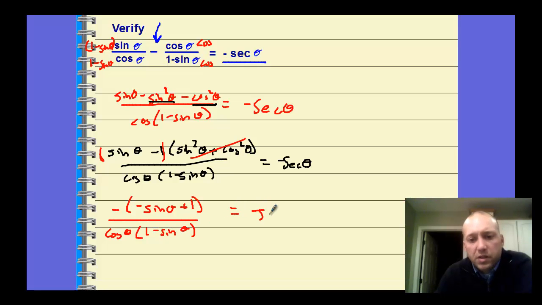That still equals negative secant theta. So now we actually have the same quantity. Even though it's written in the opposite order, negative sine theta plus 1 is the same thing as 1 minus sine theta. So those reduce out because everything in this fraction is multiplication. So we have negative 1 over cosine theta, which is a negative secant. So negative secant theta equals negative secant theta, and we are finally finished.